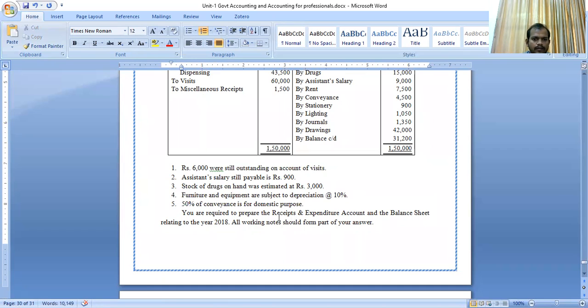Okay, so there are five adjustments, and you are required to prepare the receipts and expenditure account and the balance sheet relating to 2018. If we just remember the details of the receipts and expenditure account, we have to record all the receipts on cash basis, and we have to record all the expenses on accrual basis, and that too relating to the current year.